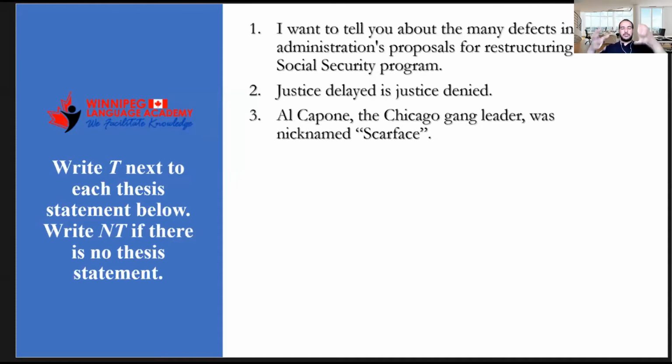Yeah, go ahead. You can say there is a strange, interesting reason behind giving Al Capone his nickname as the Scareface. Yeah, in this case, that's perfect. You could use the body paragraph to explain the reasons, right? And that's perfectly correct.